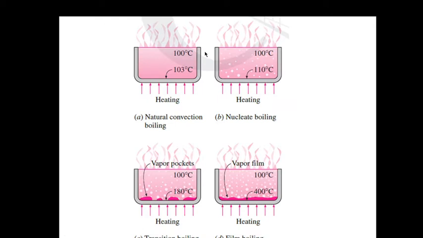Due to that, the liquid gets lighter than the cold liquid and rises up to the top of the bowl. The cold liquid, which is not heated, goes downside, and as we heat from the bottom, the liquid gets heated.